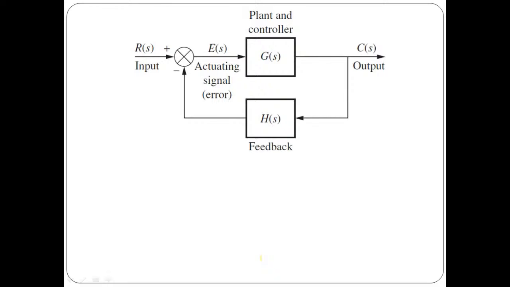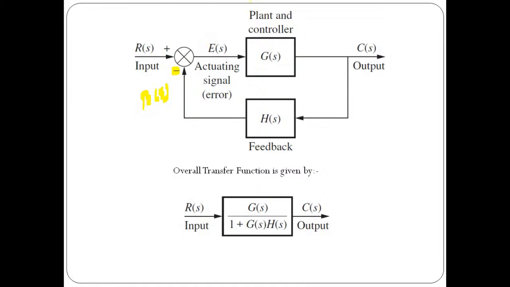In the same way, why is it called a negative feedback system? Because here, the feedback signal which we are getting as an output, which is B of S, is negative in nature. That's why it is called a negative feedback system. If you apply elimination of closed loop here, the overall transfer function in this case is G of S upon 1 plus.